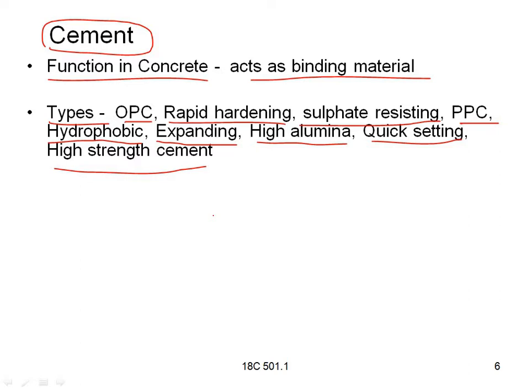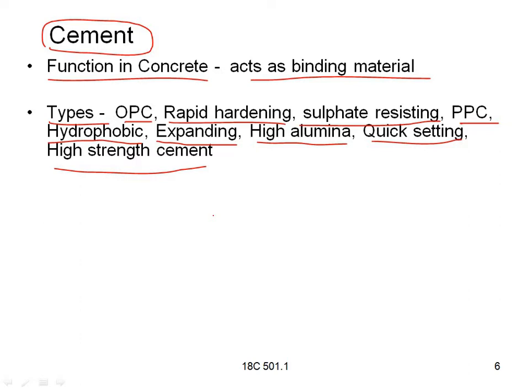So the 43 and 53 grade cement is preferable. We are having so many cement companies also, and we have to see that a good type of cement is used. Generally in construction we prefer OPC cement and rapid hardening cement.